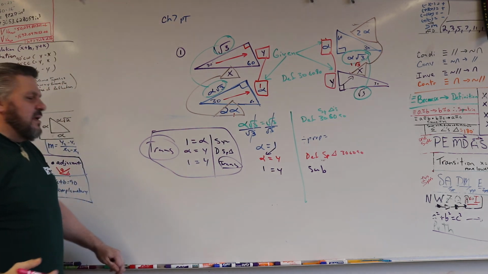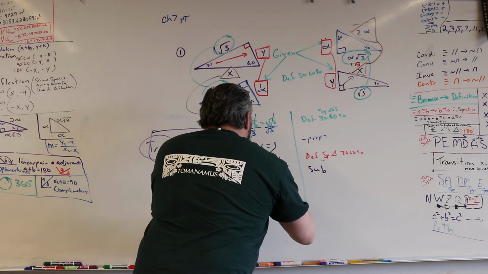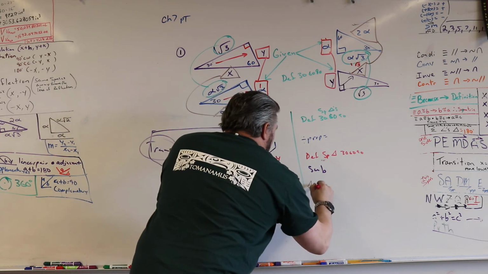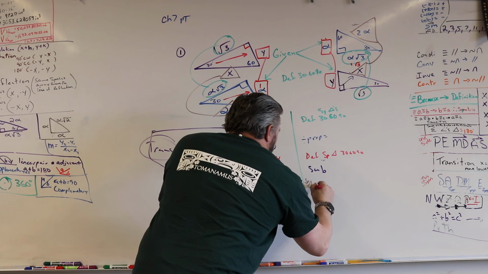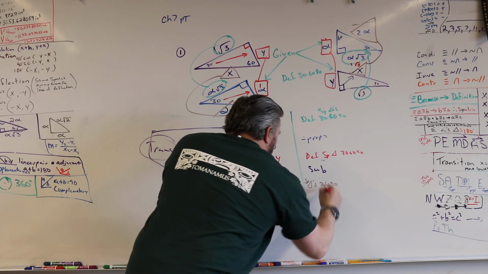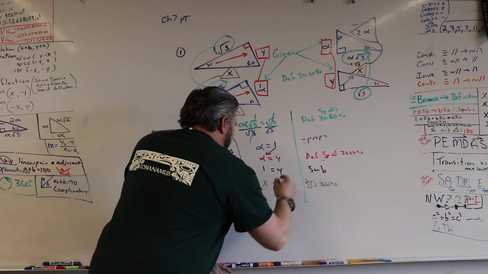So all we're saying in this case is that x is equal to 2 alpha because of special triangles 30, 60, 90. Okay? Substitute it in, right? What is alpha?